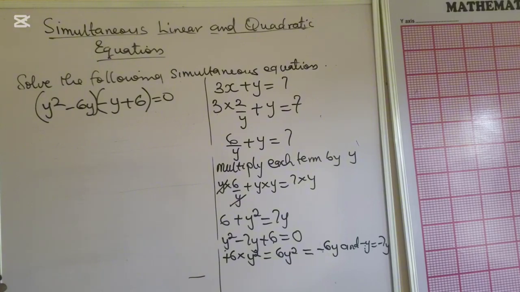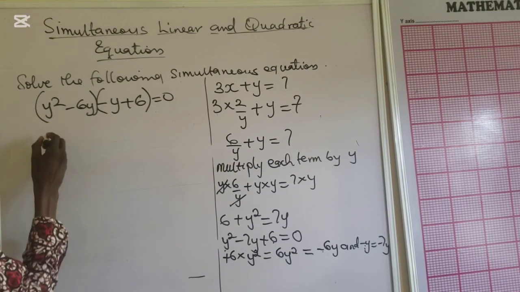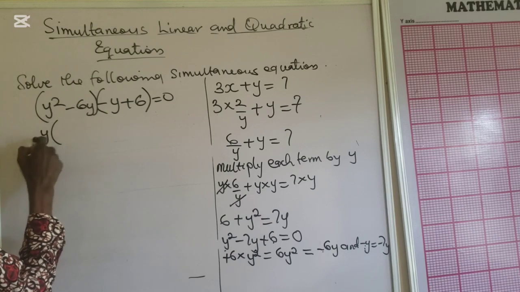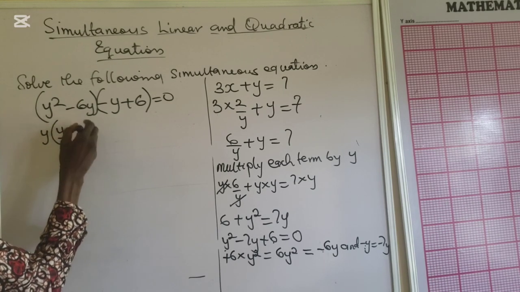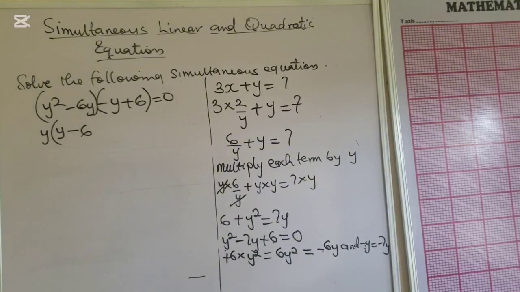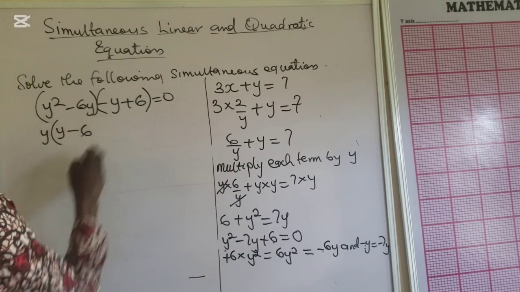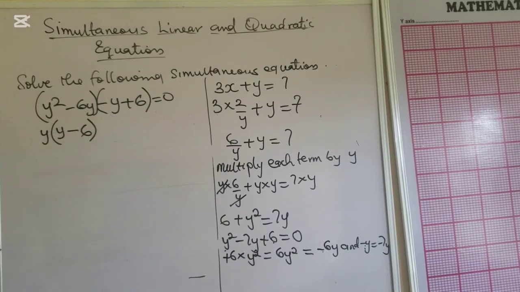What is the common factor? The highest common factor here is y. When you use y to divide y squared, you are left with y. Use y to divide 6y is 6. Now, our duty is to factorize the other side. What is common here is minus 1.